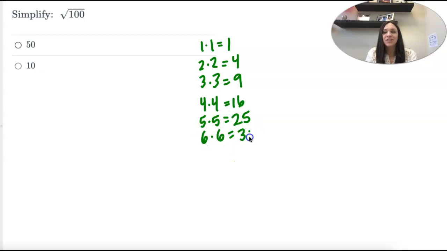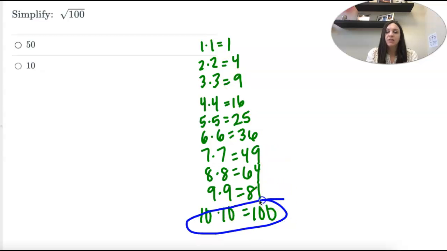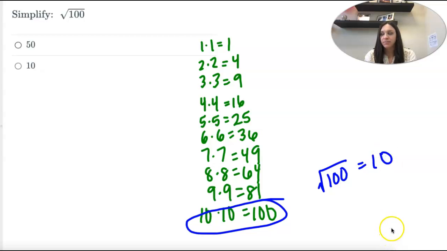6 times 6, 36. I want you to recognize these numbers when you see them under a square root. 7 times 7 is 49. 8 times 8 is 64. 9 times 9 is 81. 10 times 10 is 100. That means that the square root of 100 is 10.